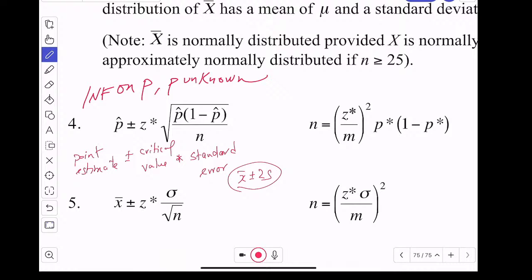The final exam is 40% on inference and 60% on the other stuff. And more than half of that is going to be on Units 4 and 5. But obviously you use a lot of Unit 2 NOR to do all these problems, so you still need to have that knowledge.